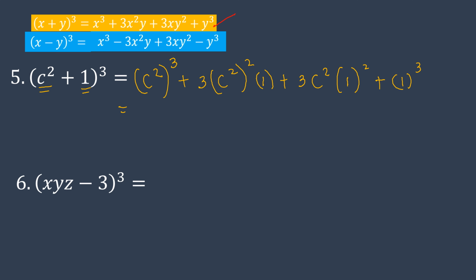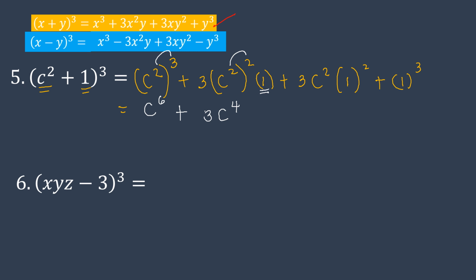Okay, to further simplify, you know that this could be multiplied, or this will give us c to the 6, and then plus the 2 times 2 will be multiplied, so that will be c to the 4. Then that will be 3c to the 4, and 3c to the 4 times 1 is just the same as 3c to the 4.